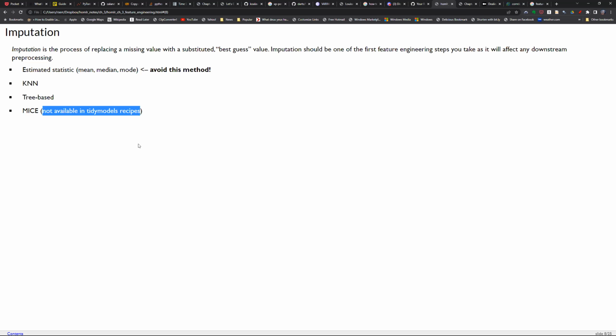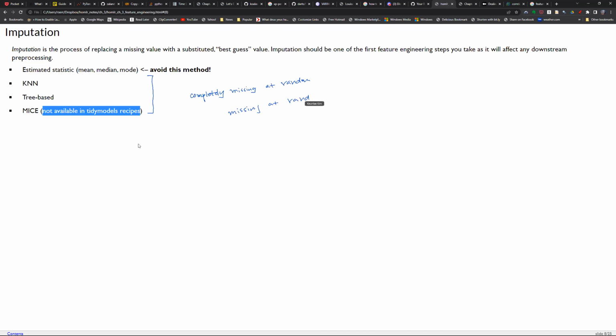Actually, there is a method we can use. Have you heard of the term completely missing at random? Yeah, MCAR. And also missing at random.